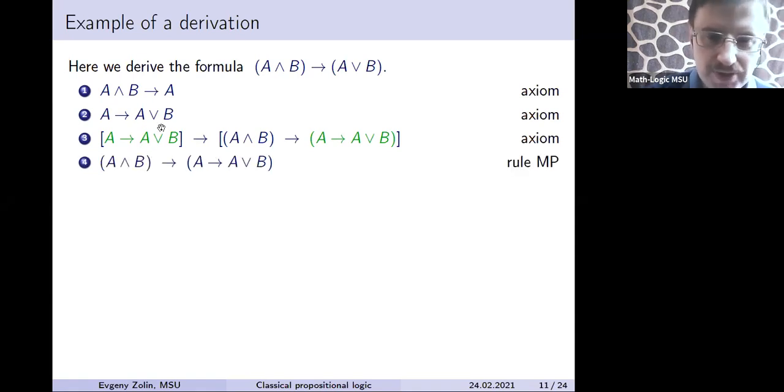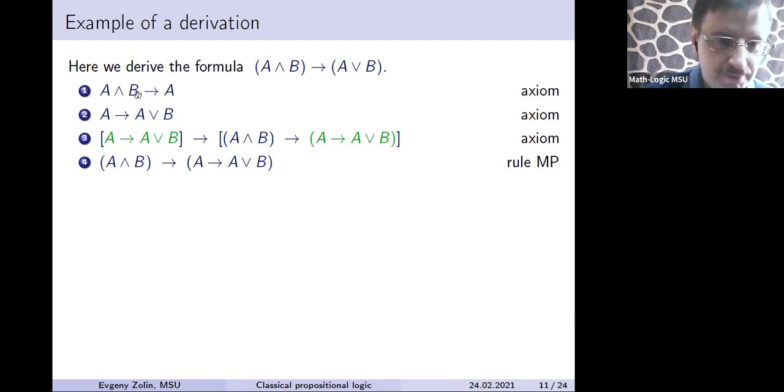Then by modus ponens we obtain this from 1 and 3. But from 2 and 3, sorry. Now we want to obtain, use 1.